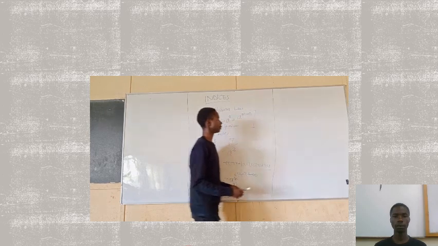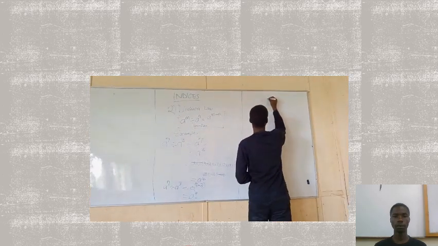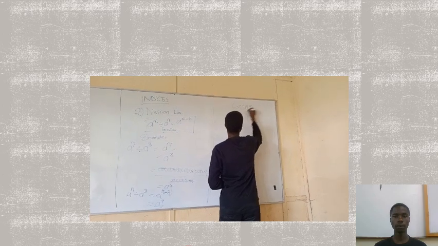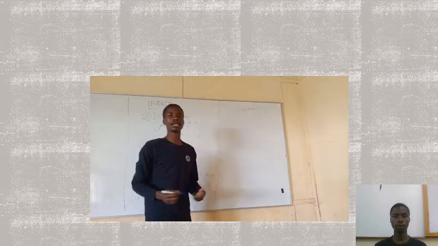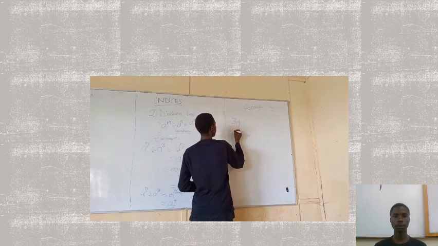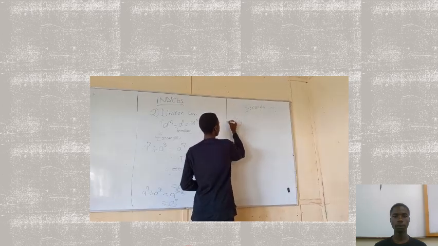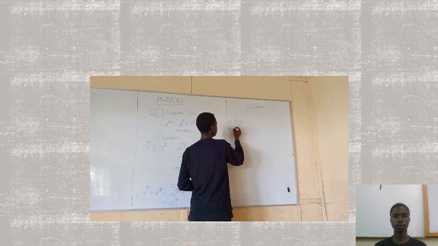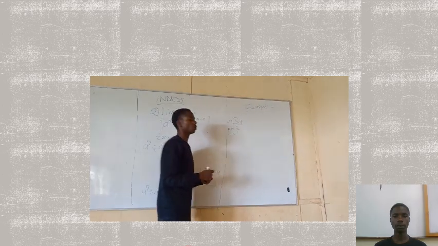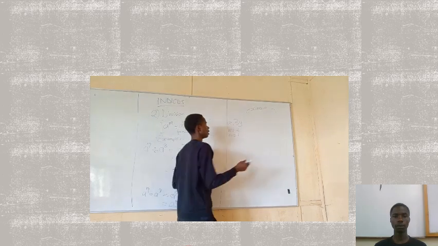Now, another example. Example 2. Let's use 3y as our a, with m being 2 and n being 1. What can we say about this?